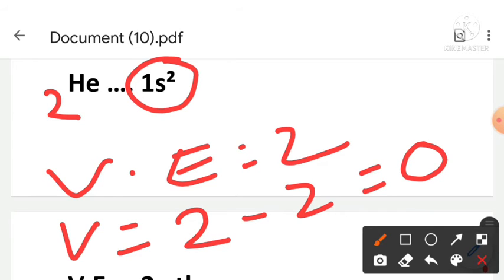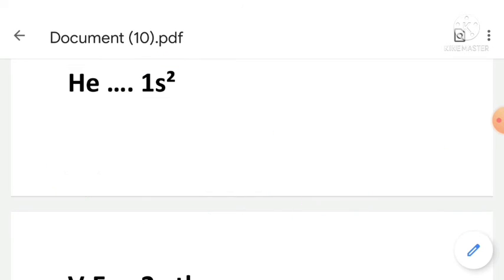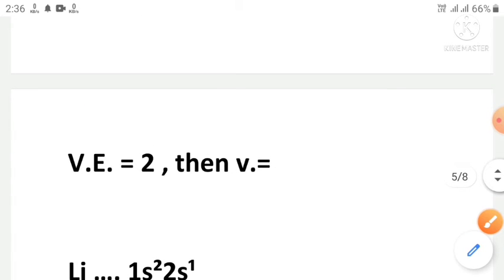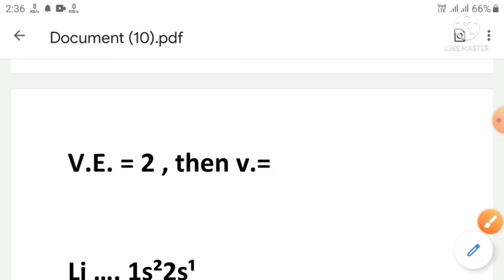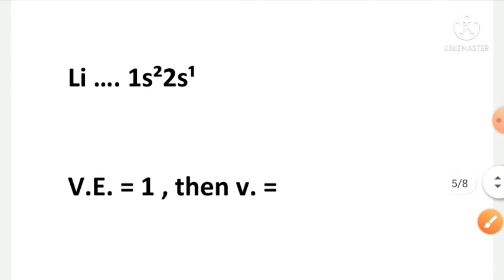So in helium its valency is 0 because it is an inert gas, also known as noble gas. So here valence electron is 2 but valency is 0. We always keep this in our mind.